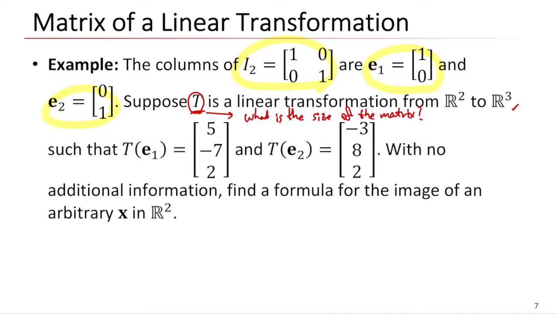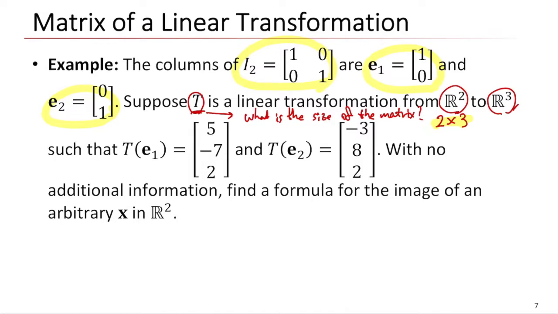What is that? 2 by 3, right? Because in this case, the input vector x should be in the R2 space and the output should be in the R3 space. So the transformation matrix should be 2 by 3.